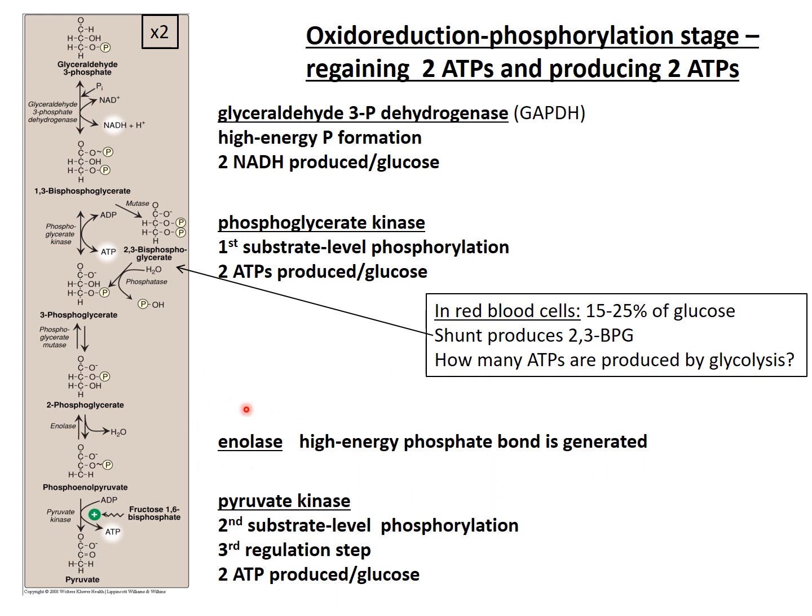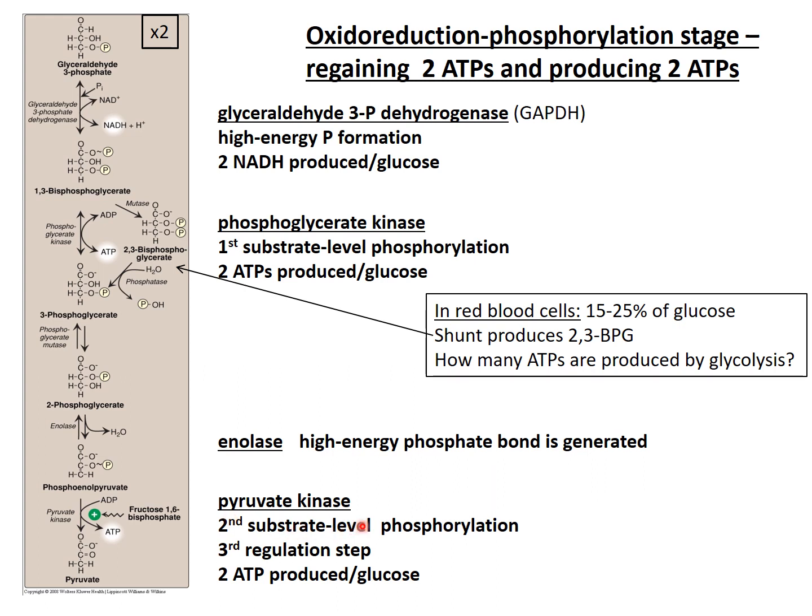Now, next enzyme is enolase. Again, we are producing a high energy phosphate bond, which will be used in the next step, which is pyruvate kinase, the enzyme, to produce another ATP molecule, better to say 2 ATPs per glucose.